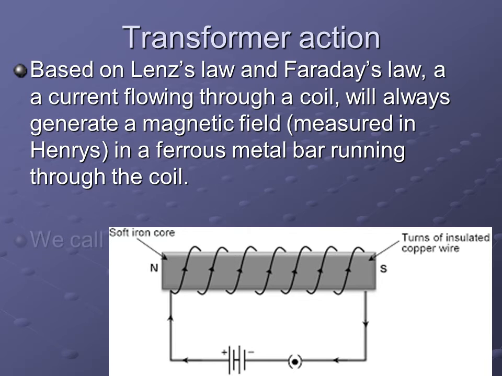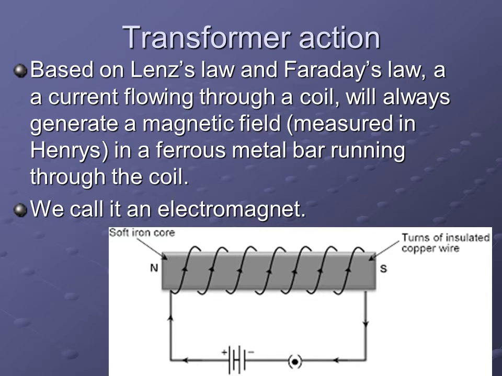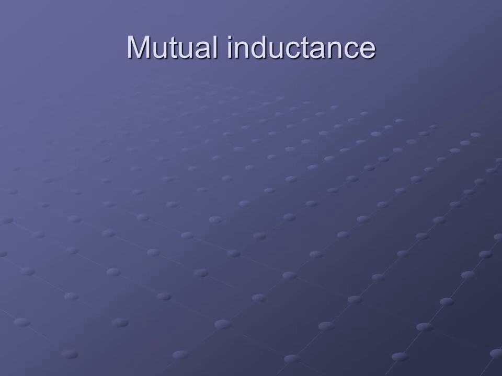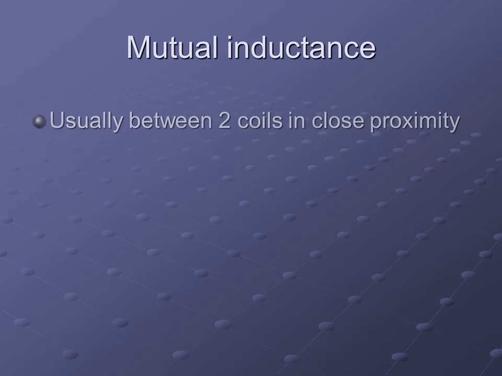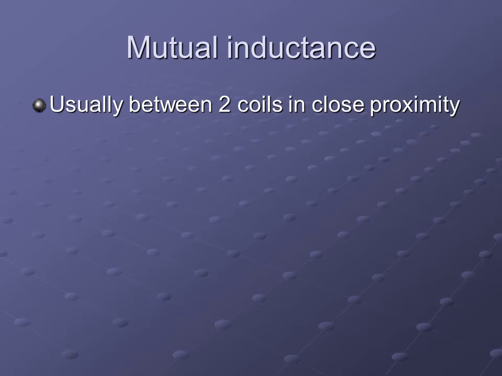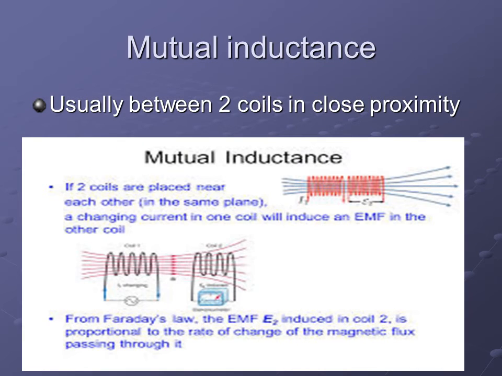We call it an electromagnet. Mutual induction. This usually happens between two coils in close proximity. If two coils are placed near each other in the same plane, a changing current in one coil will induce an EMF in the other coil.